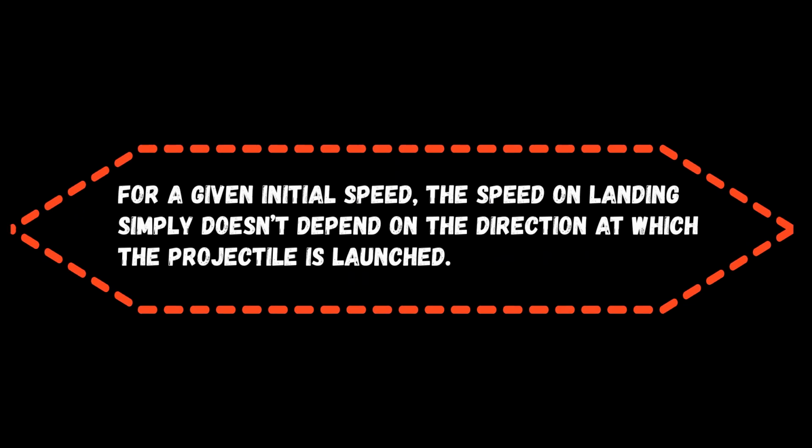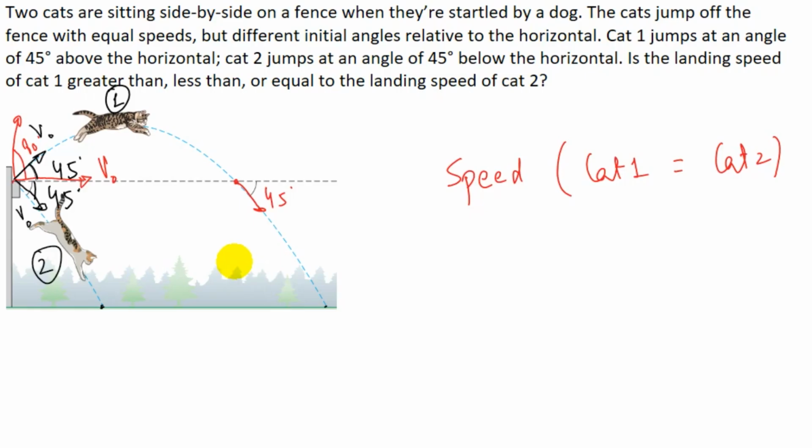In fact, for any given initial speed, the speed on landing simply does not depend on the direction at which the projectile is launched. This is a very important statement, and I'll discuss this point again when we study chapter 8 in season 2.